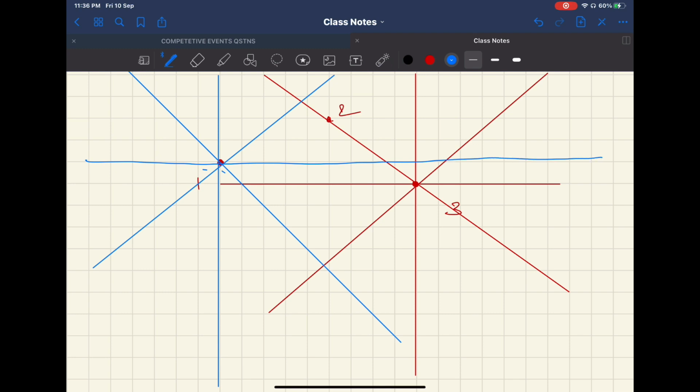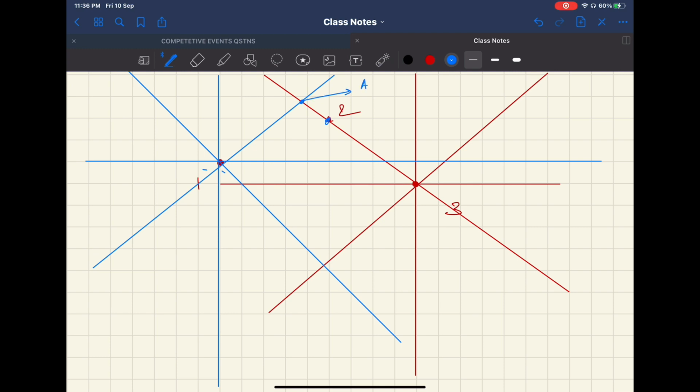Also in this case you can see this line that is passing through 3 and 2 is at 45 degrees. So this is also one of the lines through point number 2. Okay. So to move, take the merge point.